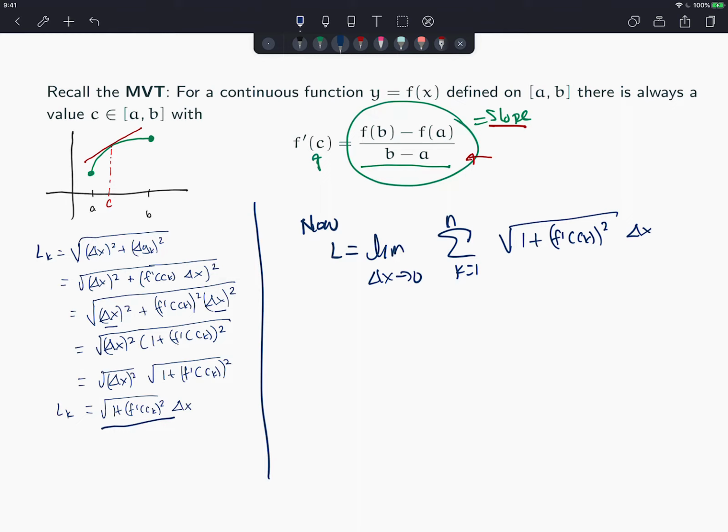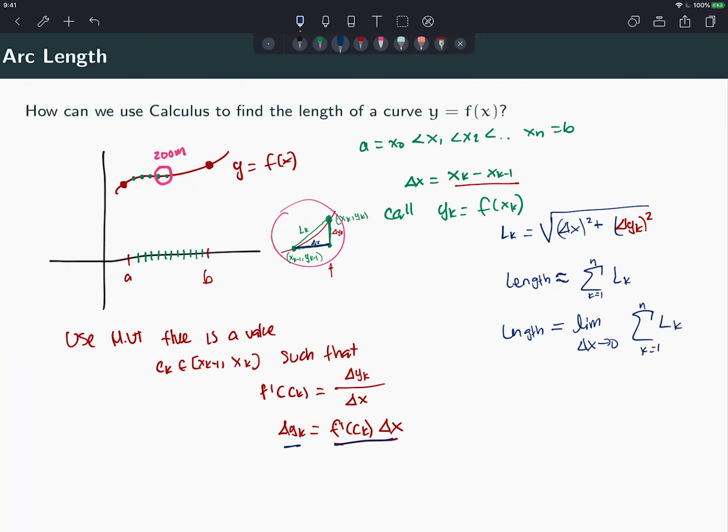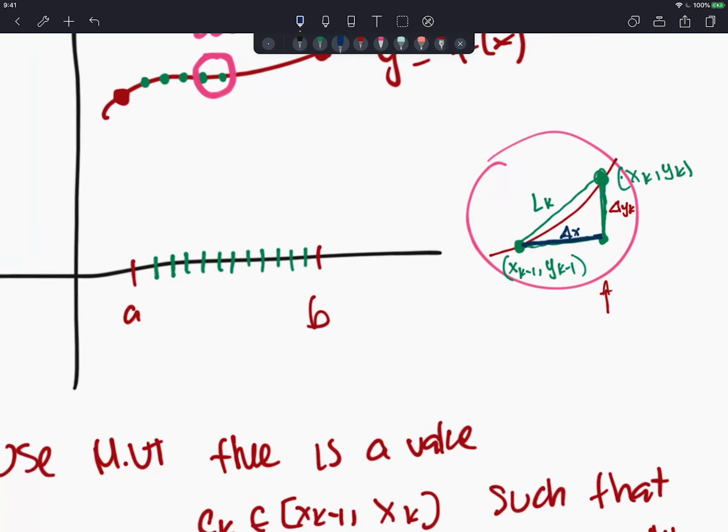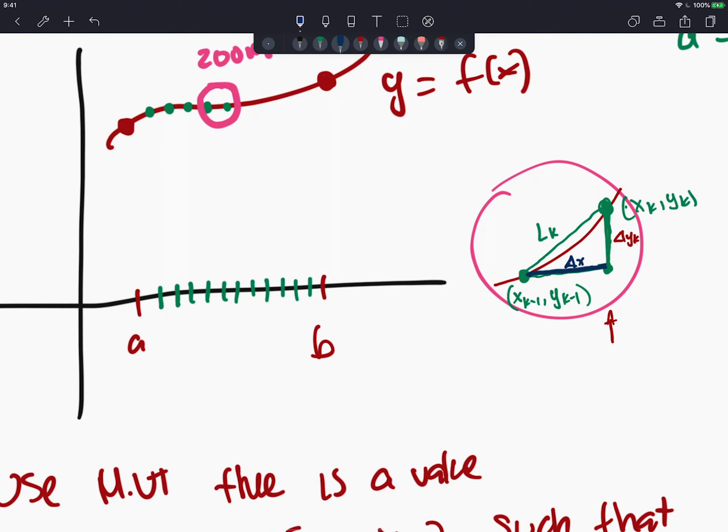Now, who are the ck's? Well, these ck's are one point for each subinterval, right? And that is exactly what we did when we found the definition of an integral. I'm dividing my domain of integration a to b. So this picture is not the picture for this. It may be confusing. This picture is a picture for the mean value theorem. The picture I'm thinking about is this one. So I'm dividing my interval a to b into tiny segments.